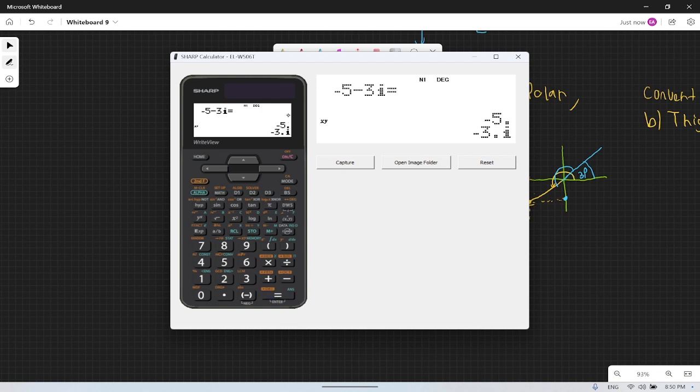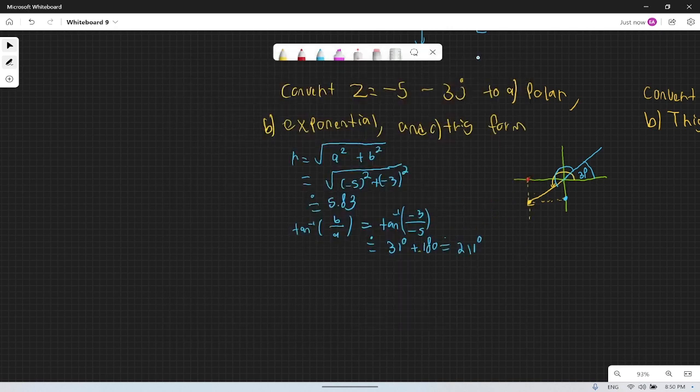As you can see, it's just giving us the same thing we put in, because we have it in rectangular form. Now you hit second function and this r theta, which is the symbol for the polar form. If you hit that, it'll give us 5.83, which is what we got, and then this -149, which isn't the proper form, but if we add 360 to 149, it gives us 211, and that's what we got for our answer.